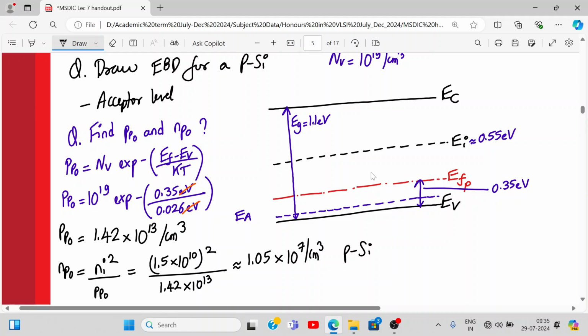Okay, can we go ahead with the next one? 1.05 into 10 raised to 7. Okay.